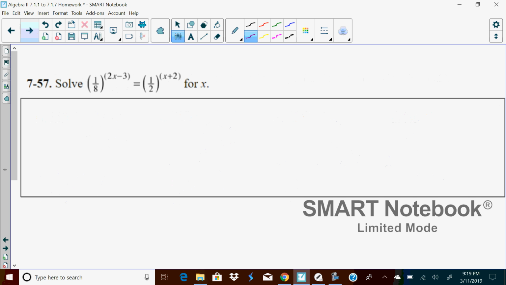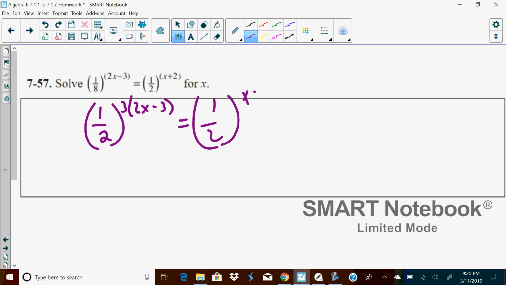Problem 57, solve. So I have to figure out how to get 1/2 and 1/8 to be the same. So I picked that I should get it to be 1/2. So I know that if I raise 1/2 to the third power, I get 1/8. So I can rewrite this as (1/2) to the 3, to the power of 2x minus 3, equals 1/2 to the x plus 2.